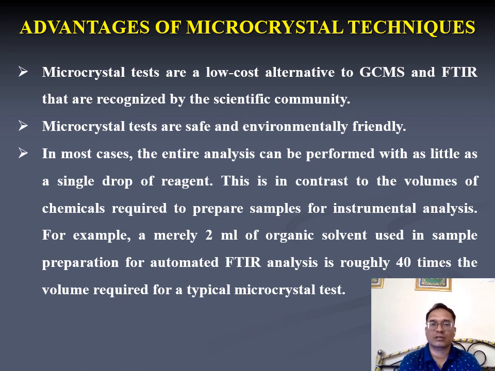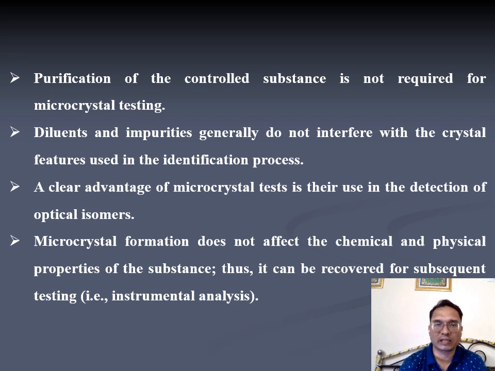This is in contrast to the volume of chemicals required to prepare a sample for the instrumental analysis. For example, merely 2 ml of the organic solvent is generally used in the sample preparation for the automated FTIR analysis, which is roughly 40 times more as compared to the microcrystal test.